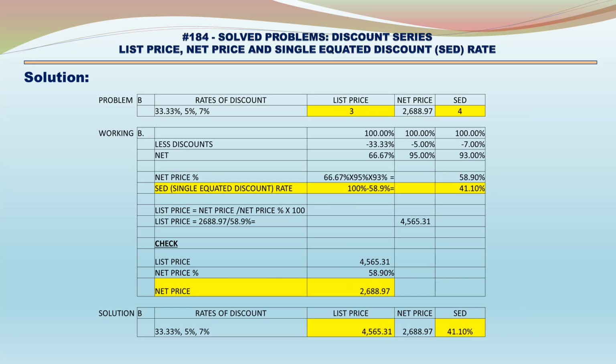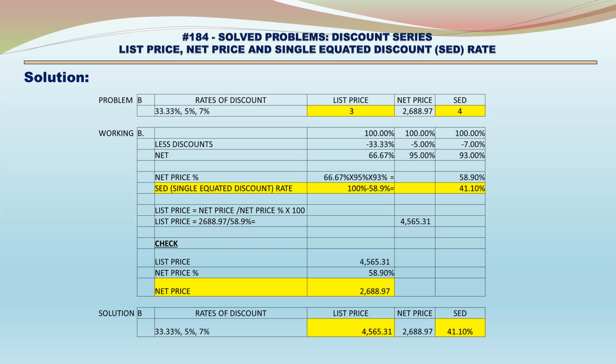Problem B. Rates of discount 33.33%, 5% and 7%. List price not known. Net price 2688.97. SED not known. Workings: 100%, 100% and 100% for discounts. Less discounts 33.33%, minus 5%, minus 7%.